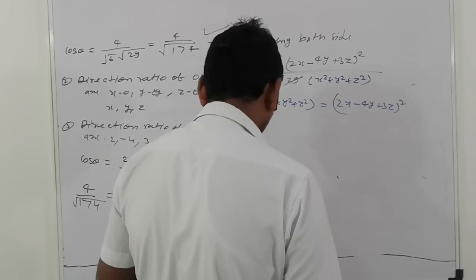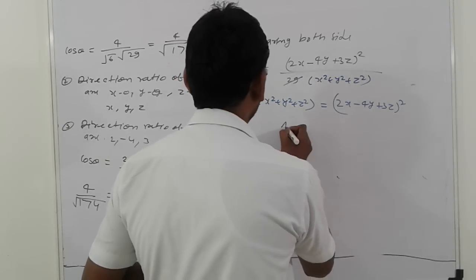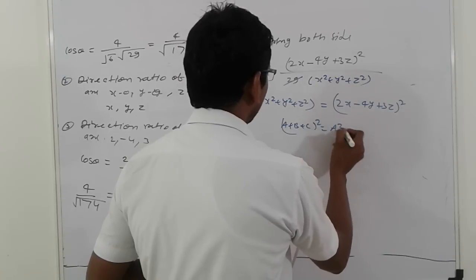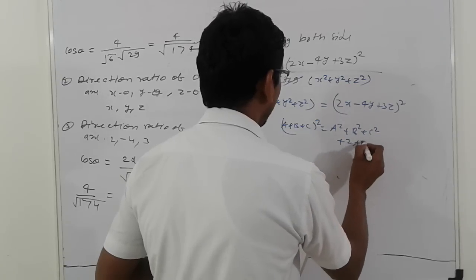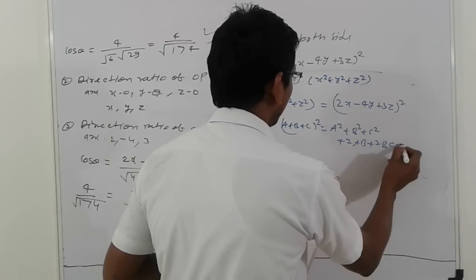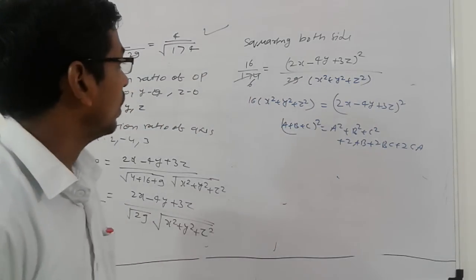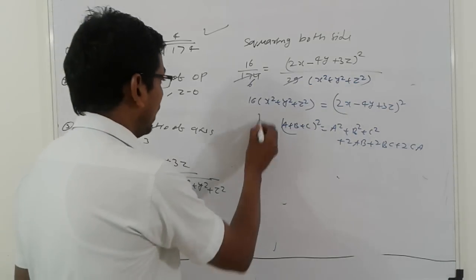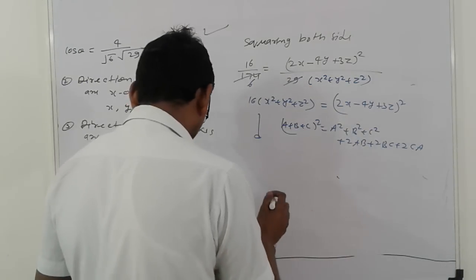So using the formula, a plus b plus c whole square equals a square plus b square plus c square plus 2ab plus 2bc plus 2ca. That is the formula. So आप सिंप्लीफाई करिए, देखिए क्या क्या फाइंड आउट हो सकता है.